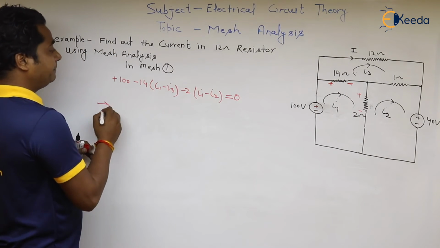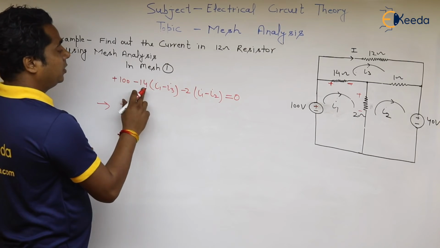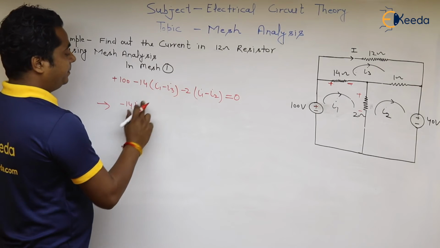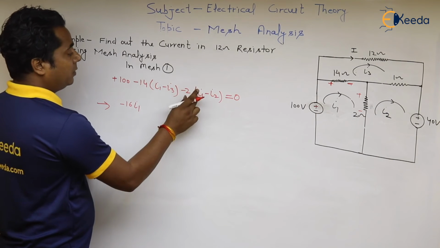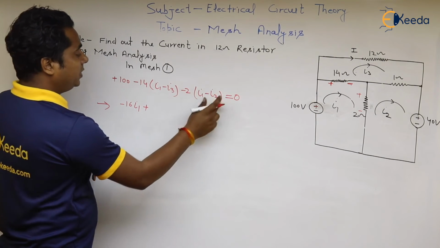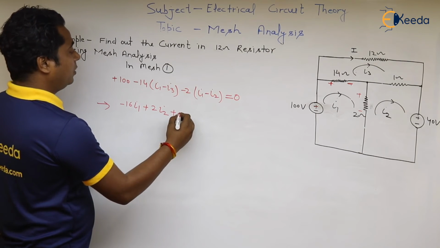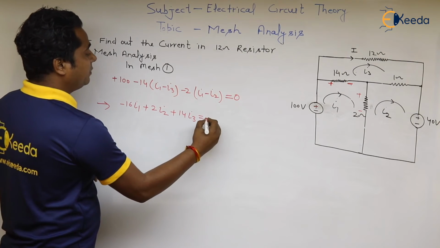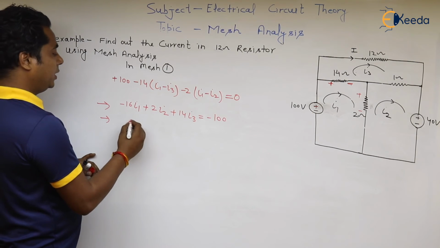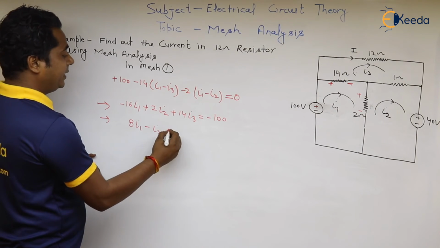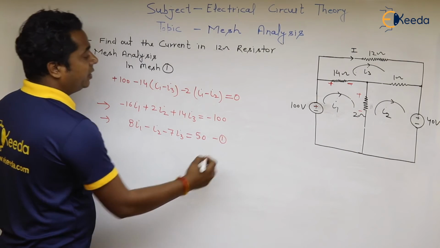I am simplifying here: minus 14 I1 minus 16 I1 plus 2 I2 plus 14 I3 is equal to minus 100. We can divide by minus 2: 8 I1 minus I2 minus 7 I3 is equal to 50. This will be your equation number 1.